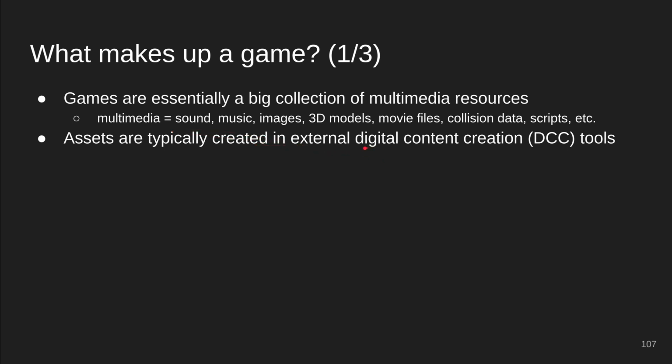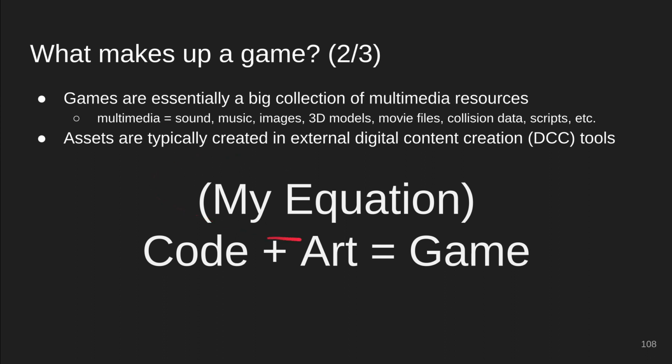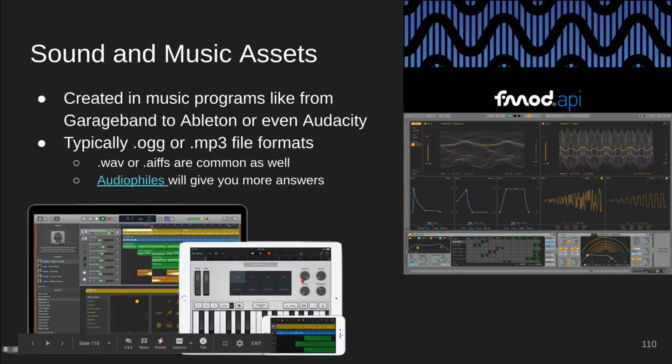Assets that have been created in some sort of digital content creation tool, Photoshop, Paint, Maya 3D, Blender 3D, etc. These sort of applications, Audacity, Ableton for sound folks. So my equation for a game is the code that you're writing plus the art is what makes a game. Okay, so let's get familiar with a few of these tools, just so you know.